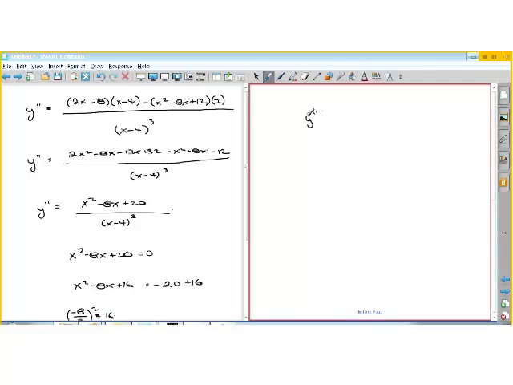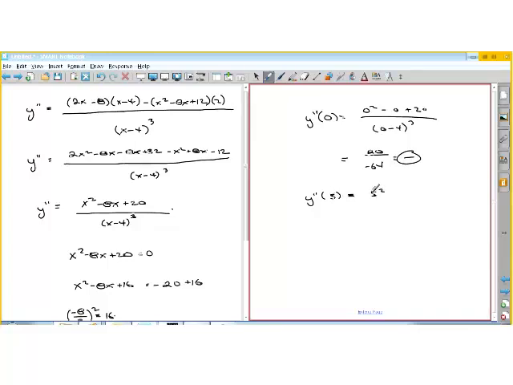Okay, so anyway, let's say y double prime of 0. What you get is 0 squared minus 0 plus 20 divided by 0 minus 4 cubed. So we get 20 divided by negative 64, which is negative. So it's negative. And the other interval would be greater than 4, so let's put in 5.